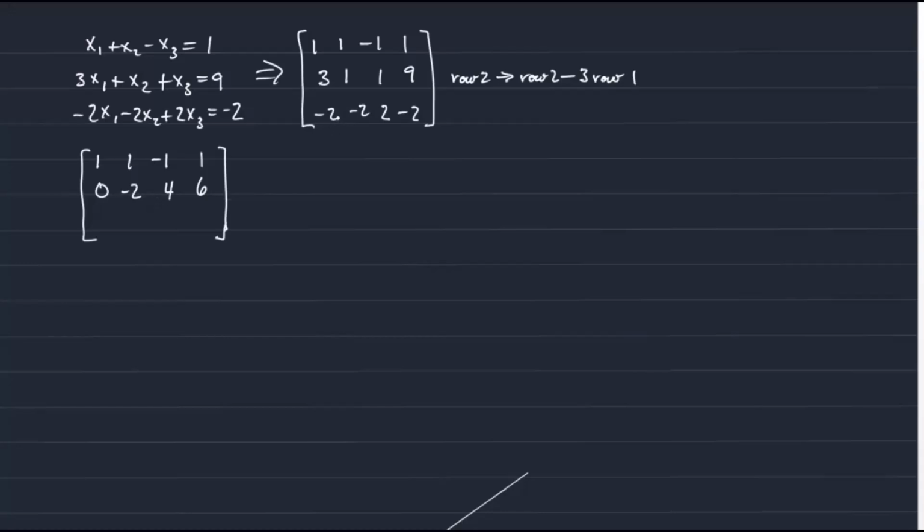Now let's start to indent our third row over 1. So let's eliminate this minus 2. And here we'll just take row 3 and we'll transform it by subtracting row 1 from it. Sorry, that won't work. We're going to add 2 times row 1.